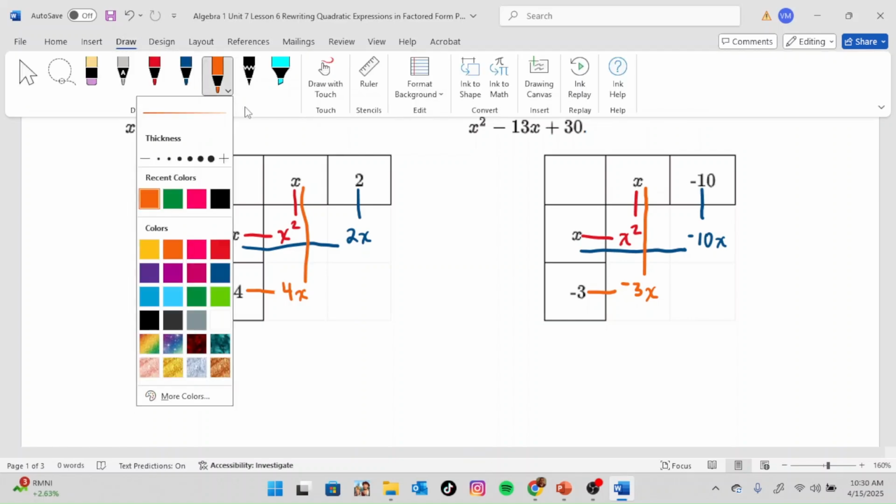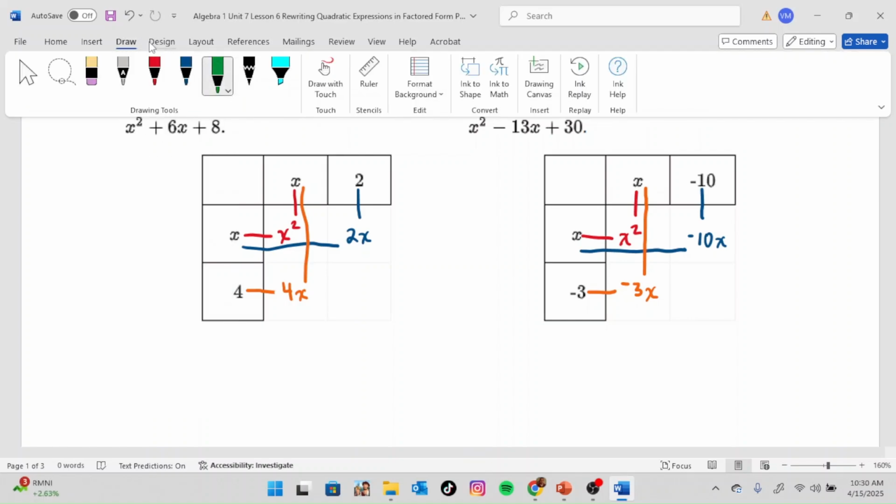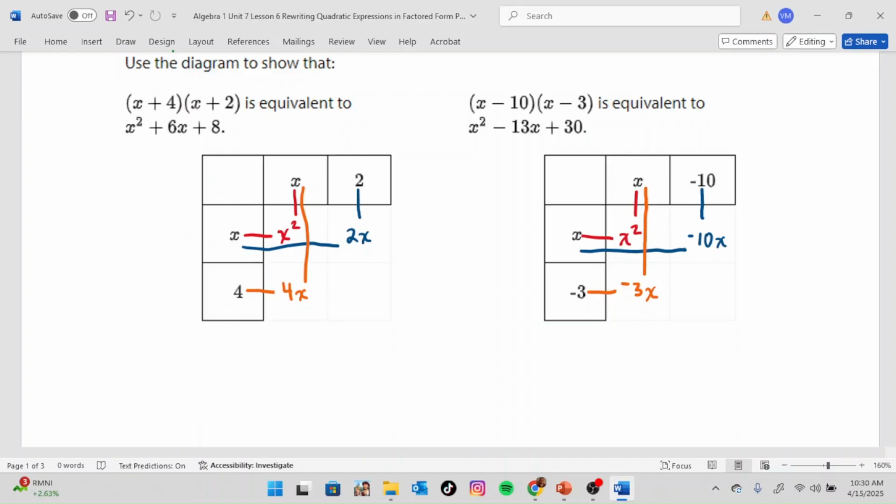And then finally, we're going to take this 2, bring it down, and multiply it by this 4, and 2 times 4 is 8.